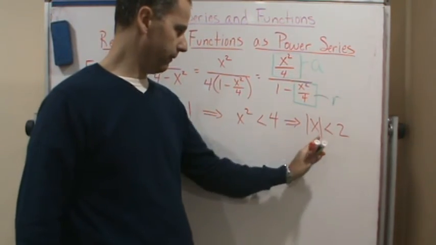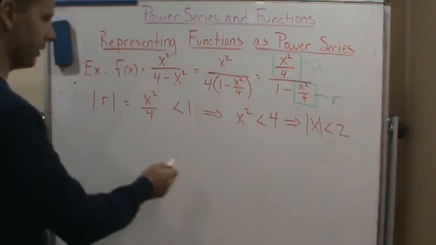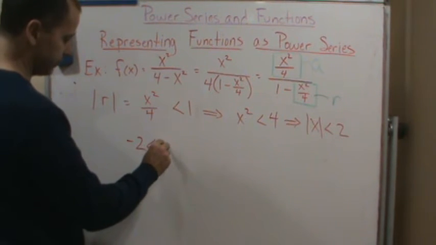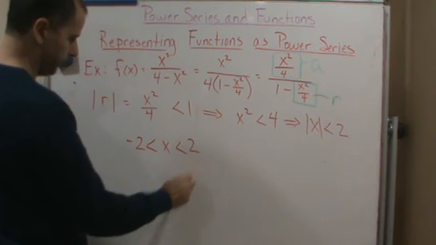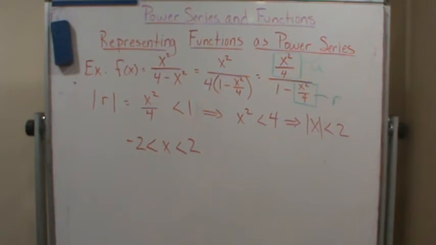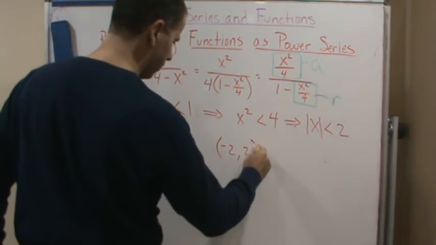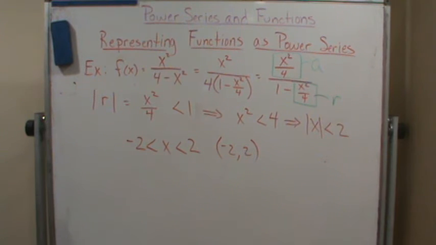So the absolute value of x is less than 2, and so of course we get what we really want, which is this. That's the interval of convergence, negative 2 to 2.